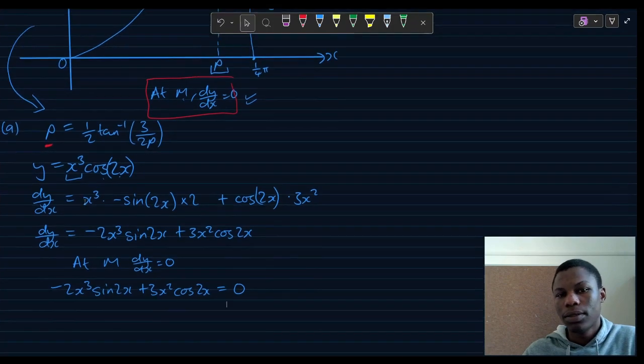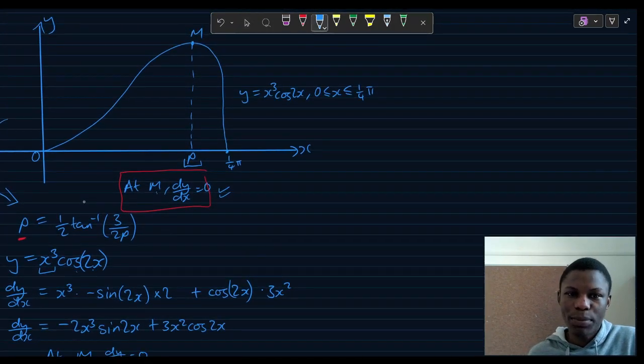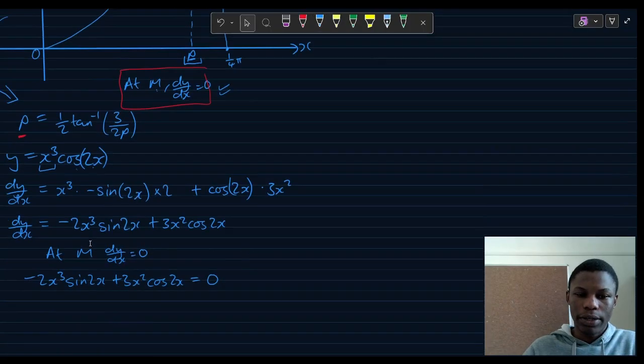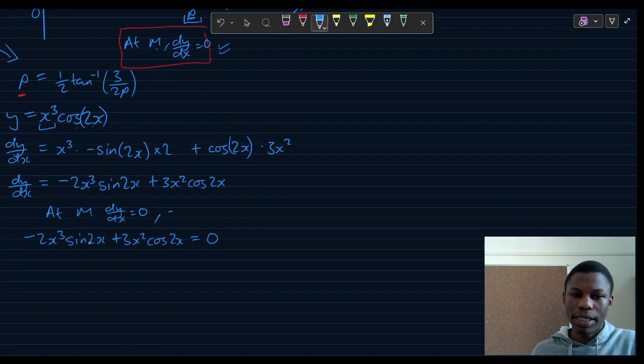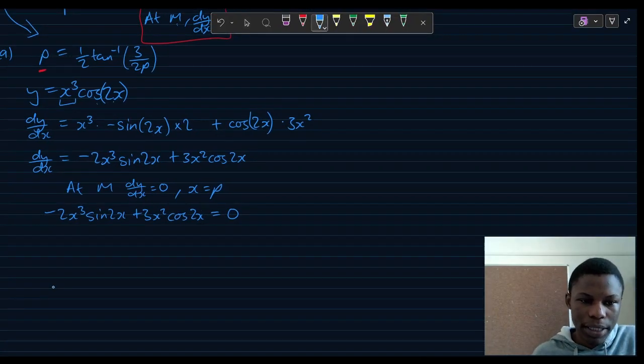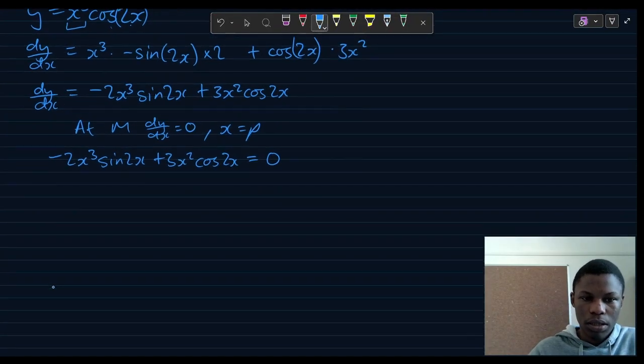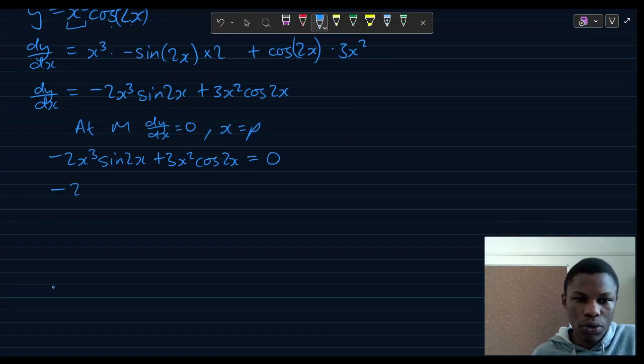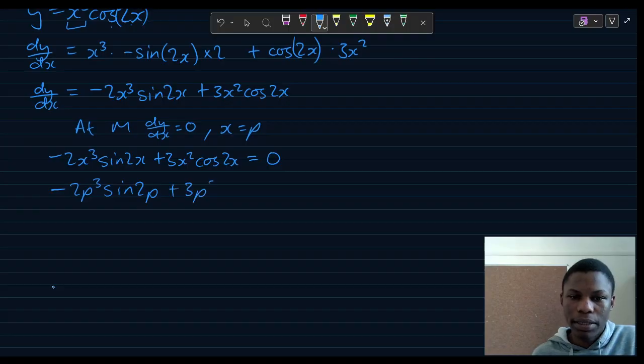And then what we also know is that at this point M, our x coordinate is actually p. So I can even go ahead and substitute x with p because we know that x is p at this point. So that becomes negative 2p cubed sine 2p plus 3p squared cos 2p is equal to 0.